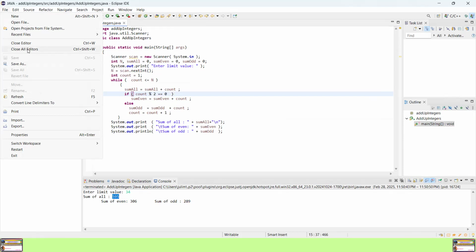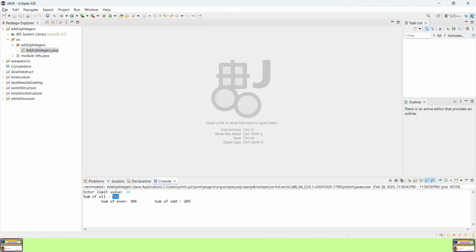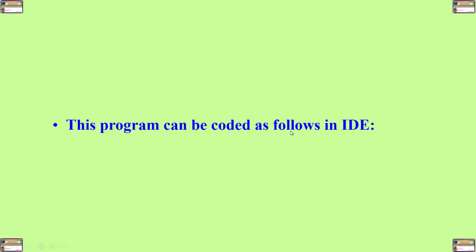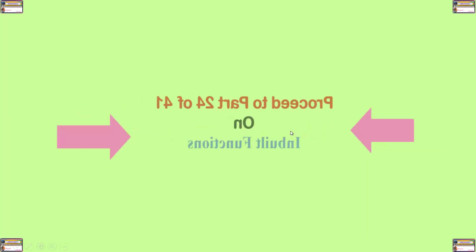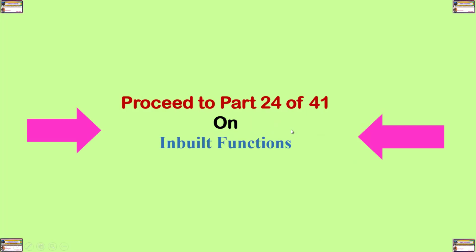From there, you can close all editors and exit from the control structure. And with that, my dear students and the rest of the learners, we have come to the end of part 23 of 41, which also brings us to the end of the control structures.